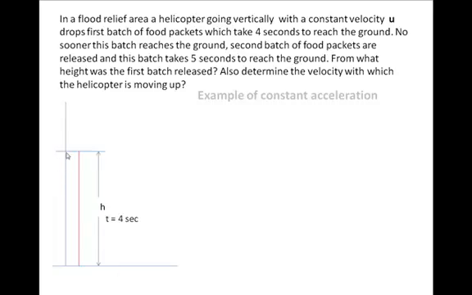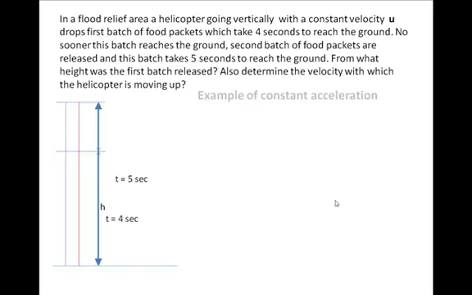So for 4 seconds the helicopter has moved up. Then at the moment it reaches here, again a packet is dropped, and we are told that this packet reaches the ground in 5 seconds. This is the given data.